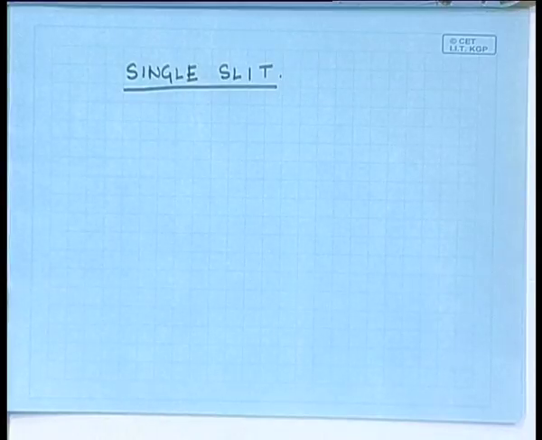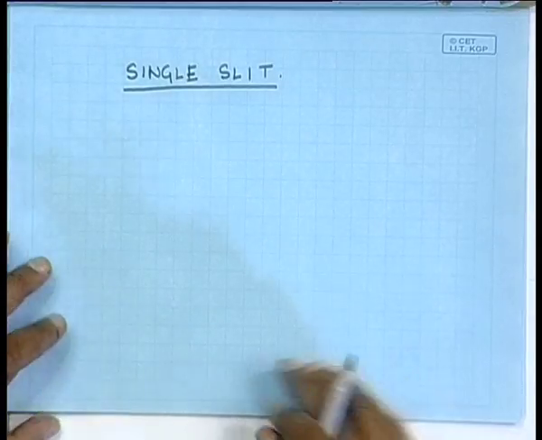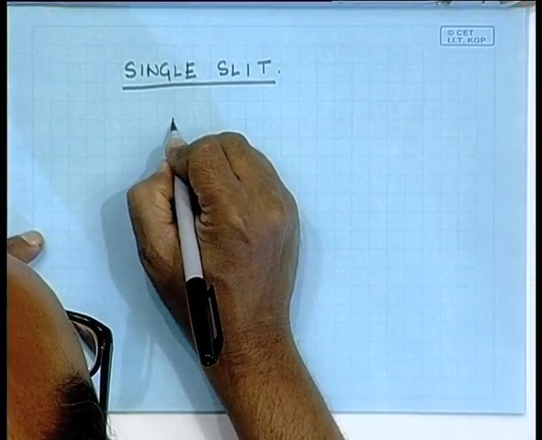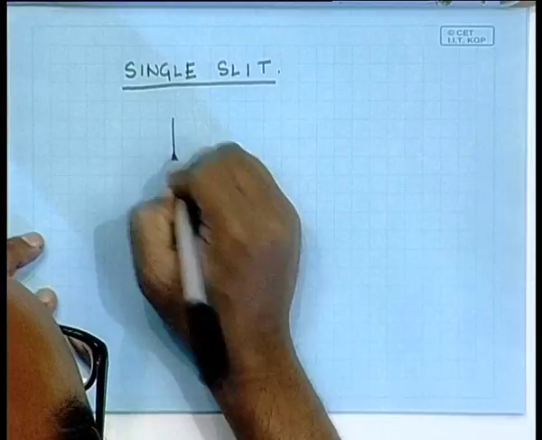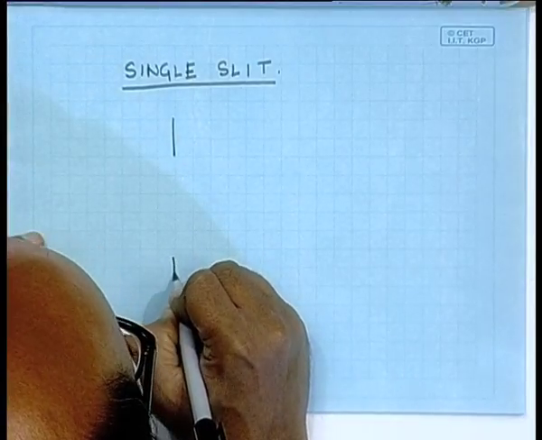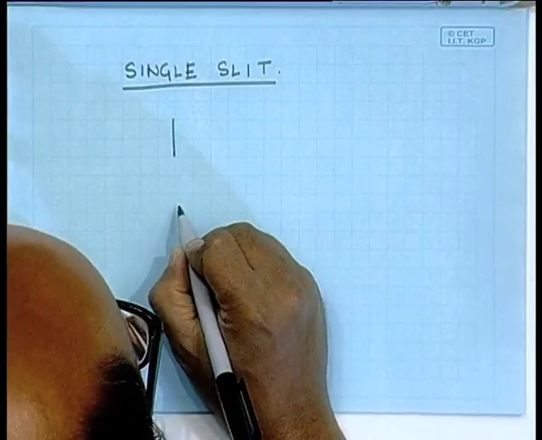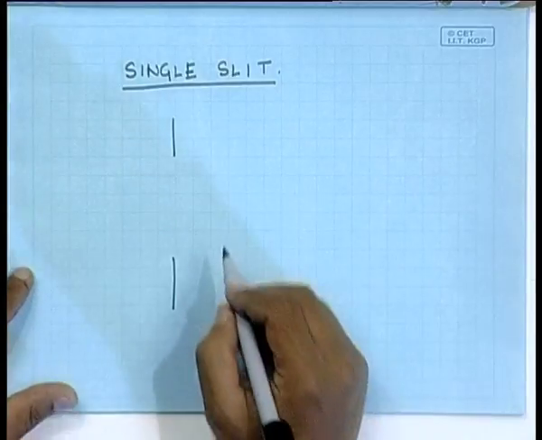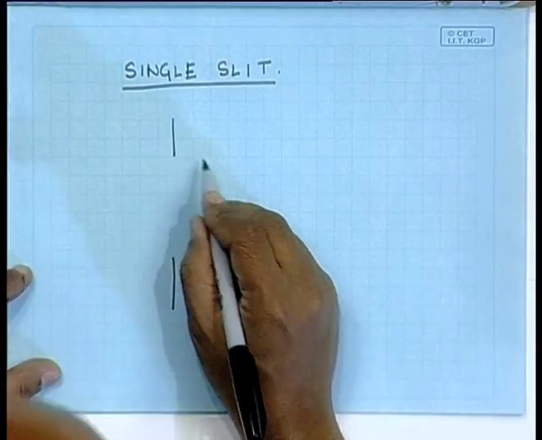So, the situation is as follows. Let me draw the situation here. We have a screen over here. On that screen we have a slit. So, there is an opaque screen, and in that screen we have a slit. I have drawn an enlarged diagram.